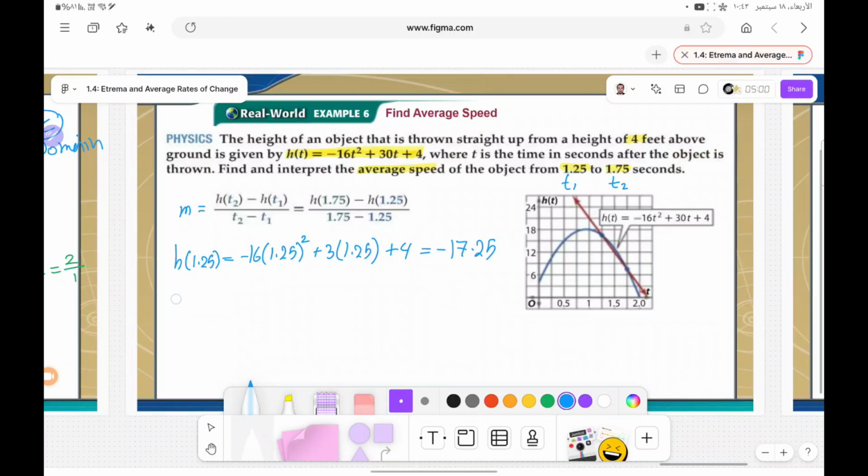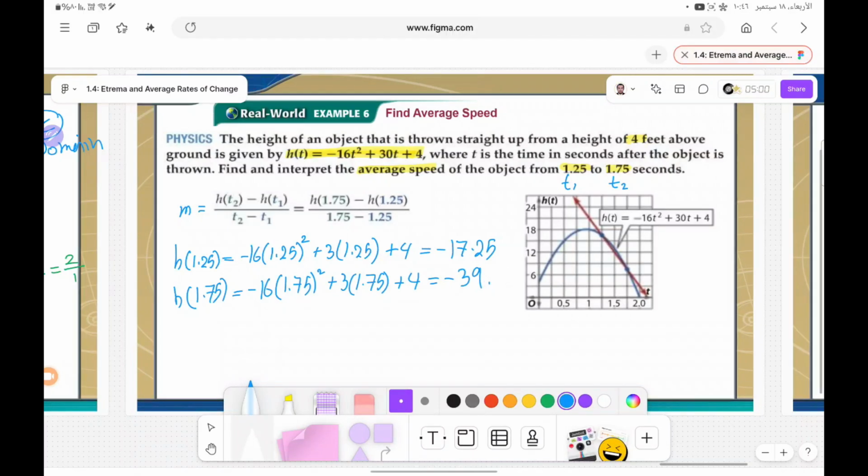Now let's find h of 1.75. Let's replace it in the equation: negative 16 times 1.75 squared plus 3 times 1.75 plus 4. So the answer is negative 39 point something.